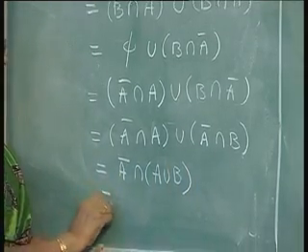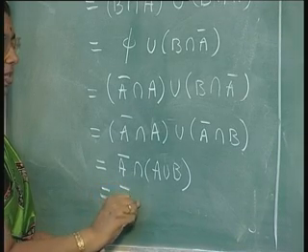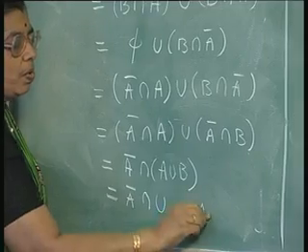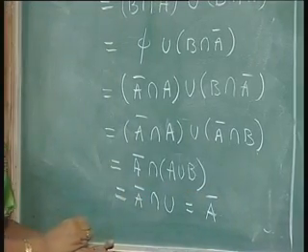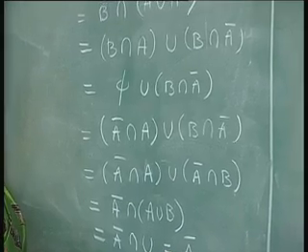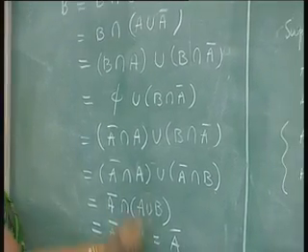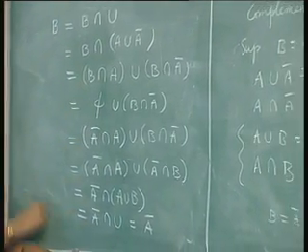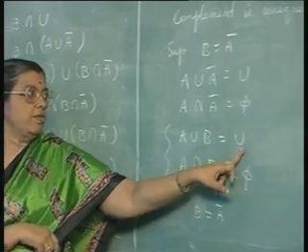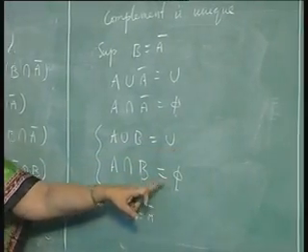A union B is the universal set. So, this is A bar intersection U equal to A bar. So, starting from B, we have come to the conclusion that B is equal to A bar. Let us see the steps once more. We know that A union B is the universal set and A intersection B is the empty set.